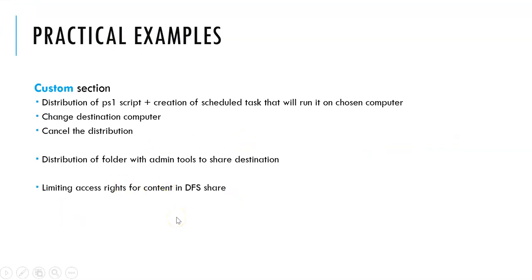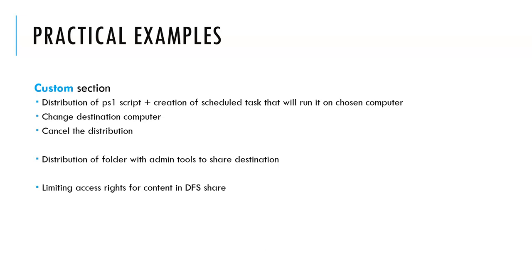As we've seen before, every domain computer has read access to the whole DFS repository content. So in some cases, we want to limit this access to just selected computers or accounts in general.